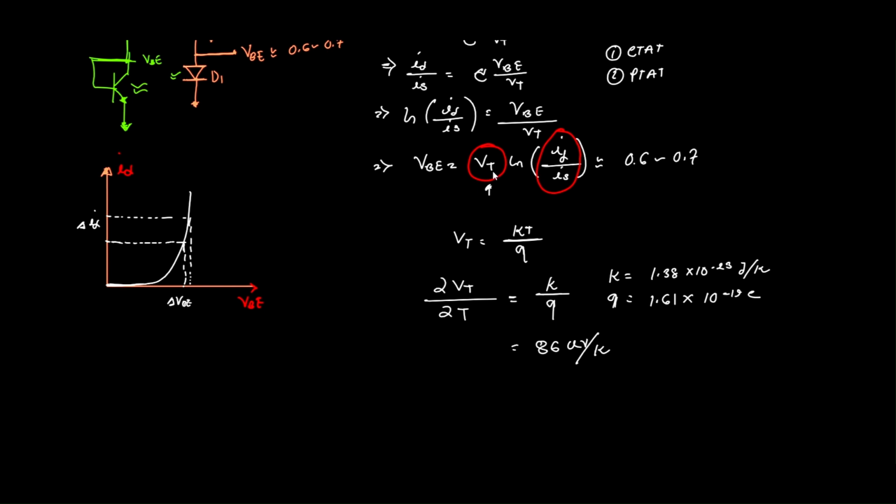That means this term behaves like a PTAT, and as we can see, here is a term which is strongly dependent on temperature. So if we increase the temperature, this means if we increase the T, the VT will go up. That means this VT is of PTAT nature. And the slope is 86 microvolt per Kelvin.